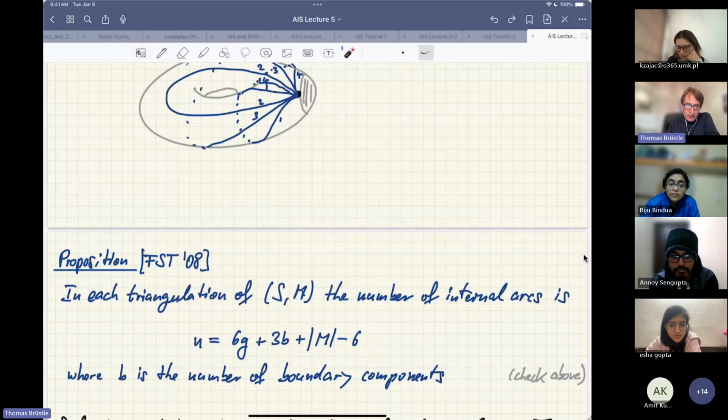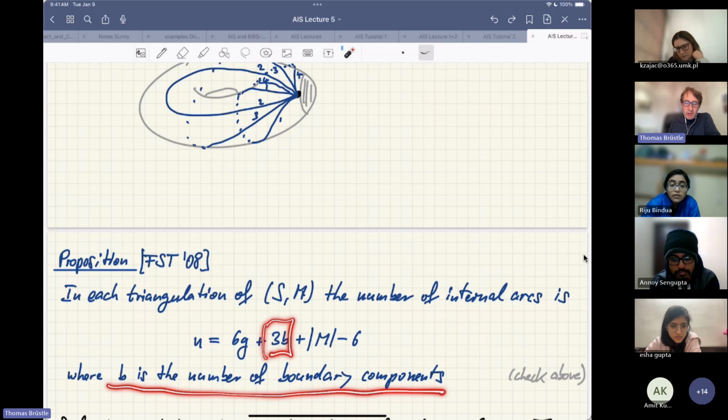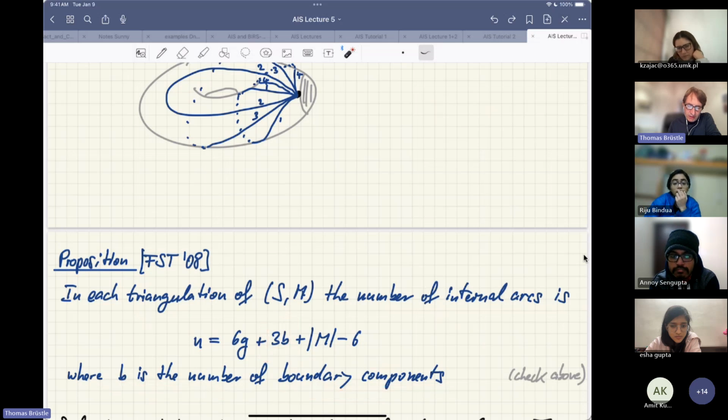It's always the same number. It's a number n, and this number is given by the following formula. So it's 6 times the genus plus 3 times the number of boundary components in my marked surface plus the number of marked points, subtract 6. Okay?